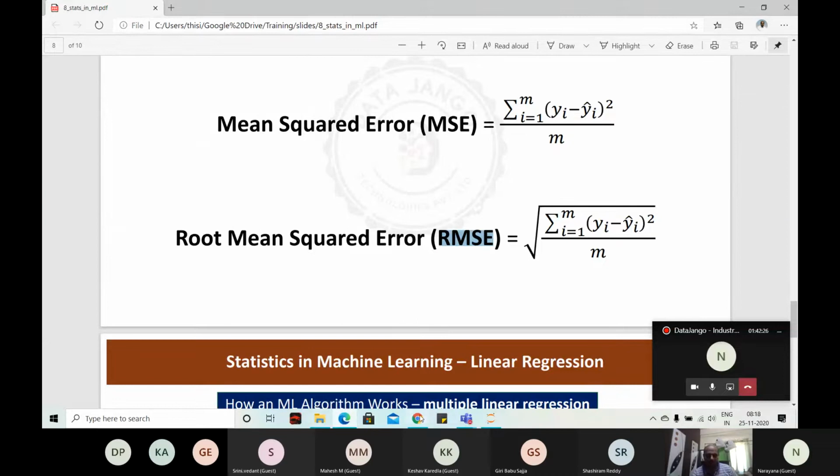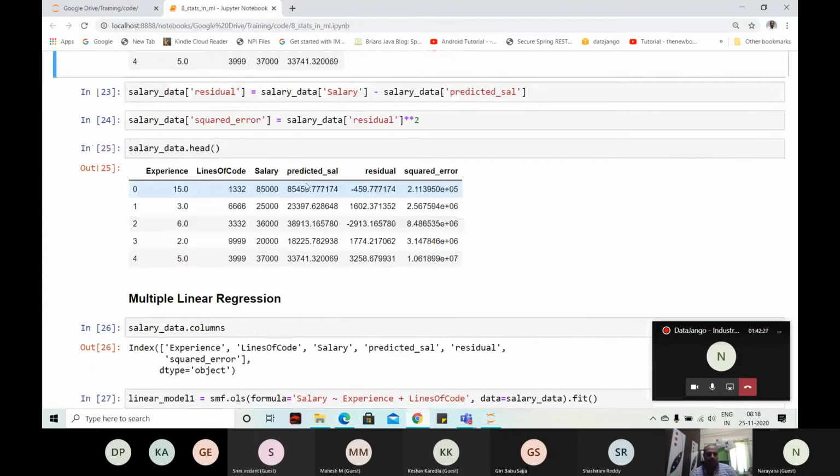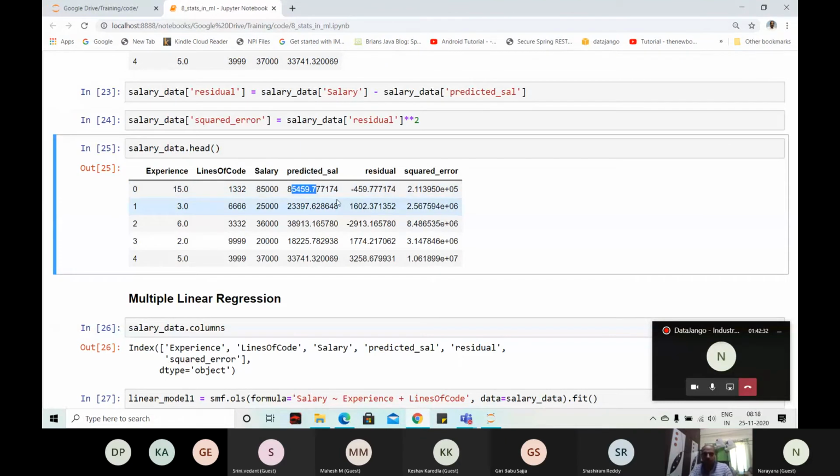If I predict 85,000 and the RMSE score is 2000, the actual value may fall between 83,000 and 87,000. I am 68% confident. Now got it? Should I repeat or should I draw?